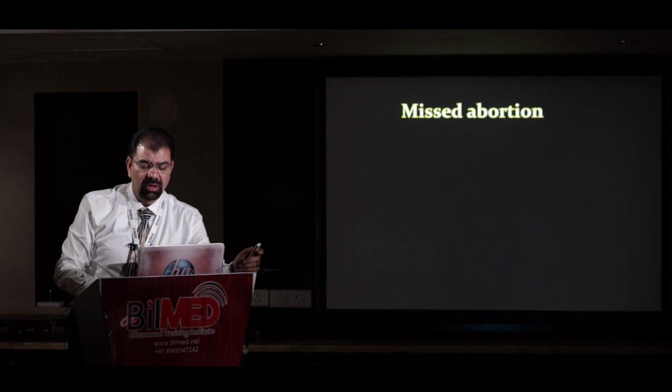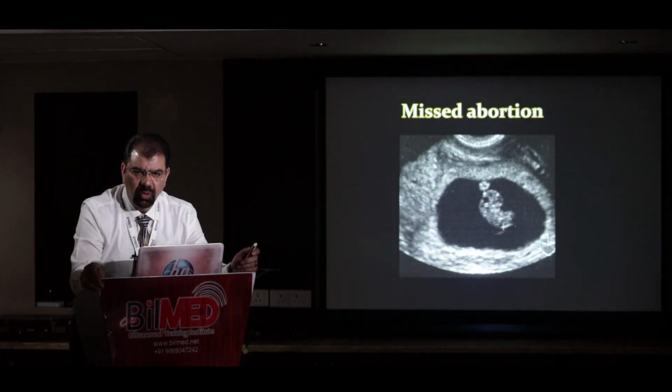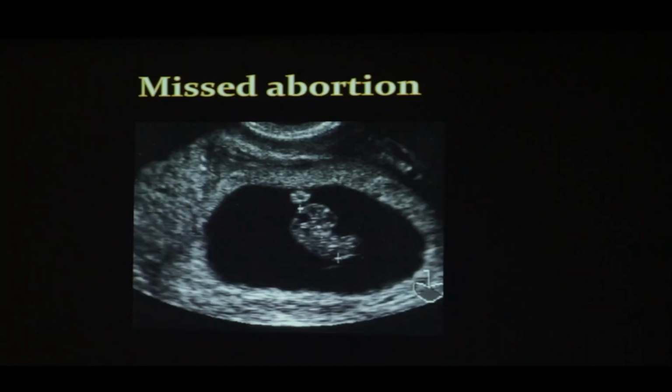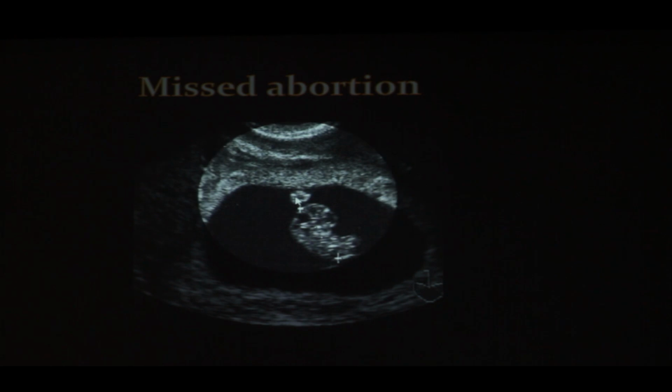Now, you all know what a missed abortion is. Missed means that there is no fetal heart activity. There is no activity from the fetal heart. Now, if I am in doubt whether the fetal heart is there or not, why not go to the yolk sac and see whether it is showing anything?